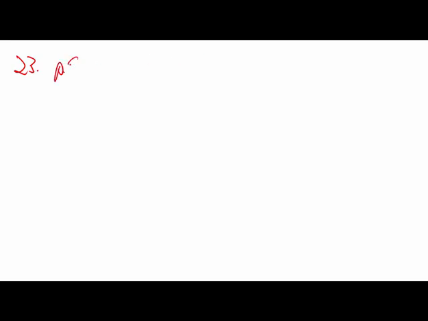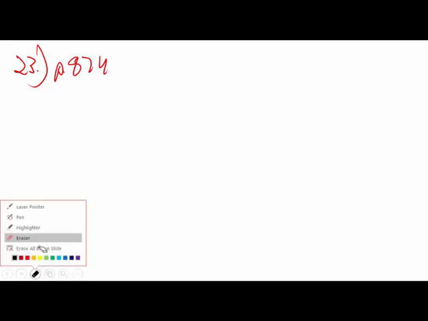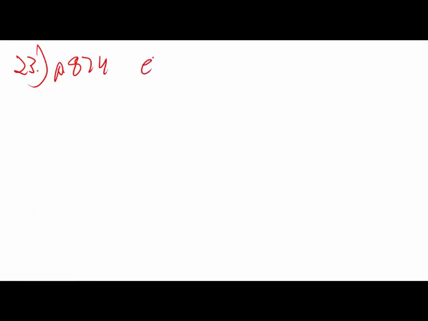It says an electron moves with a speed of 1 times 10 to the 7th meters per second. So we're just going to say an electron, and its velocity is 1 times 10 to the 7th meters per second.